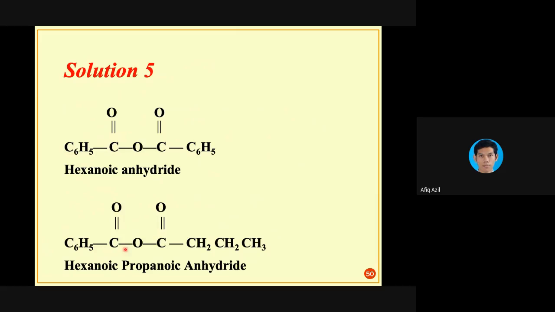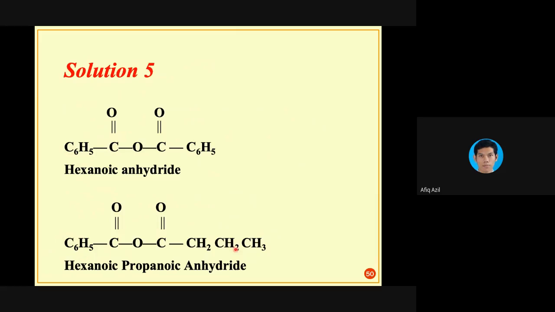But the second example over here, you have 2 different R groups. On this side, you have 6 carbon, and on this side, only 3 carbon. So it is named as hexanoic propanoic anhydride. Why this side first? It is just following alphabetical order.